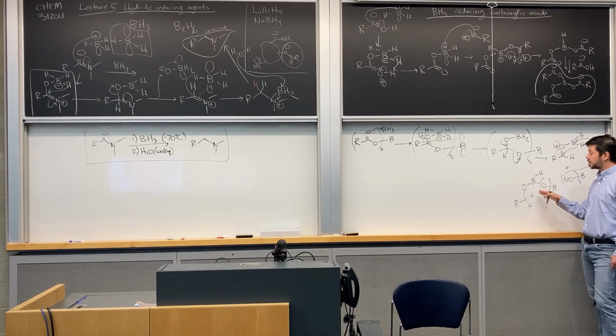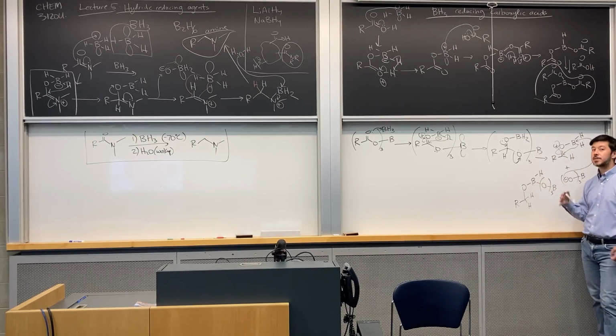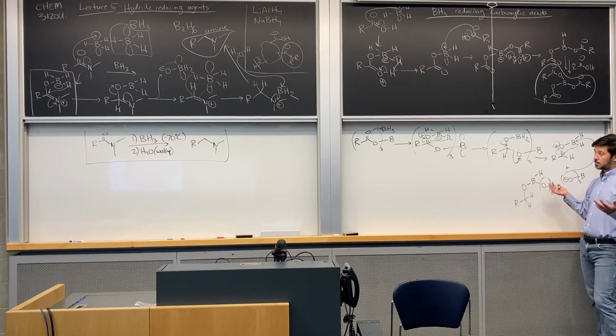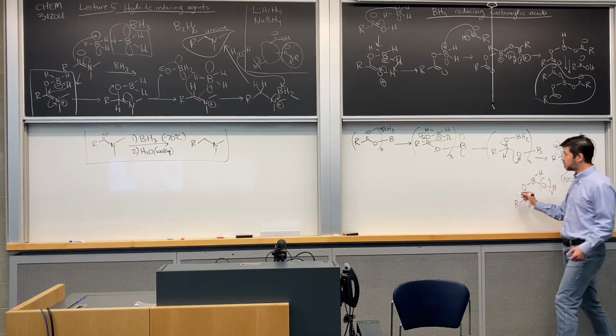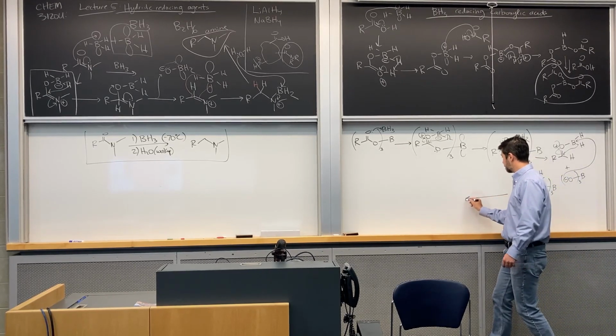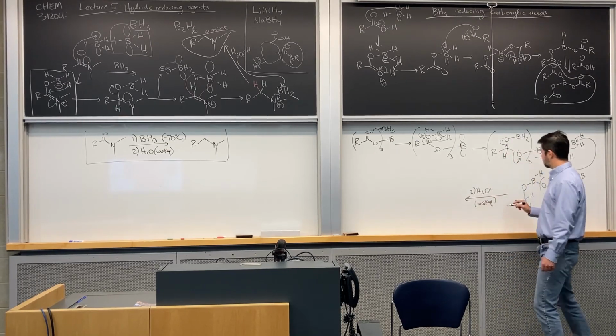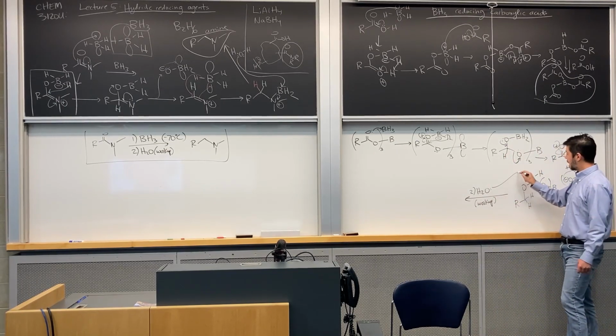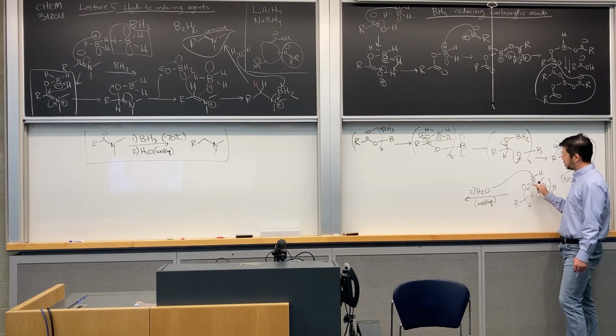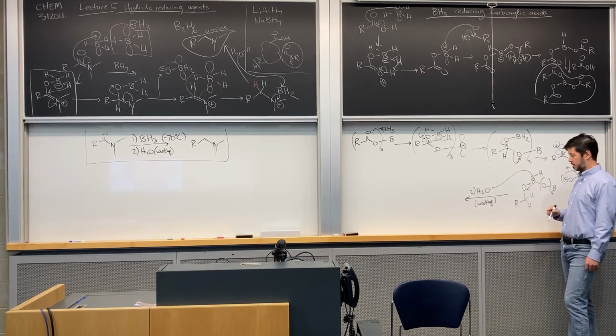And then this thing will sit in solution for a while until we quench this with water. And as we've seen before, boron loves oxygen. So when we do this workup step, the water will come react with the boron, and then you'll break that oxygen-boron bond.